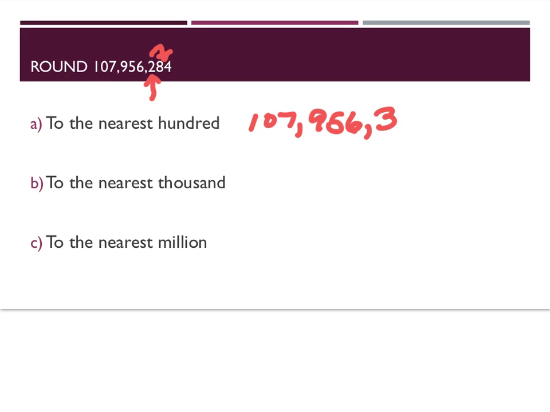Now everything between that 3 and where the decimal point would be changes to a 0. So that means I would round to 107,956,300 to be at the nearest hundred.